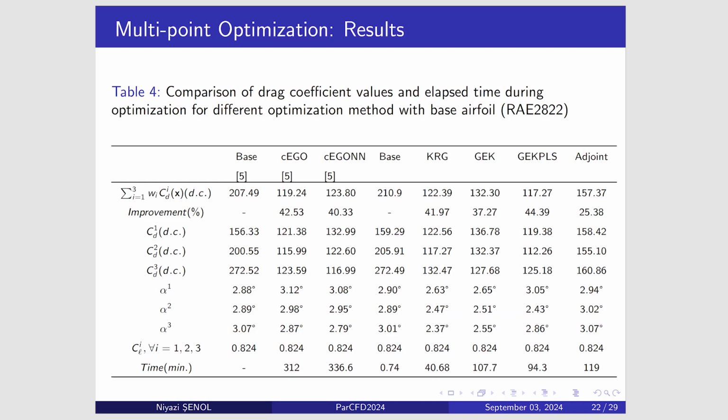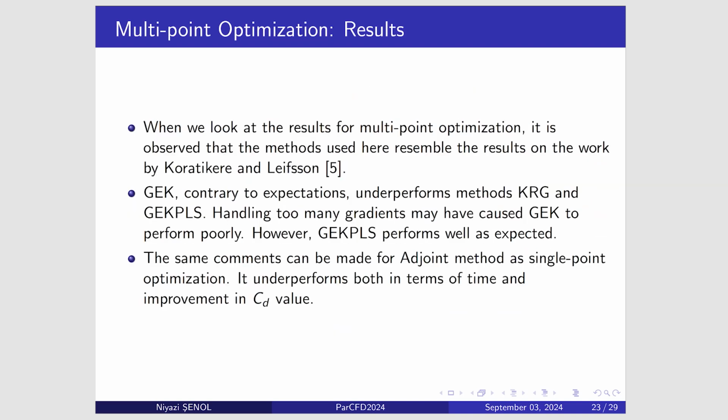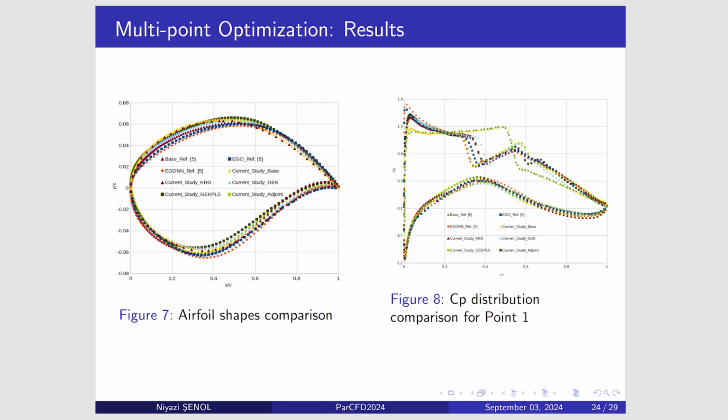The adjoint method is also behind all these methods. Contrary to expectation, GEC underperforms the Kriging and GEC-PLS methods. Maybe too many gradients have caused GEC to perform poorly.